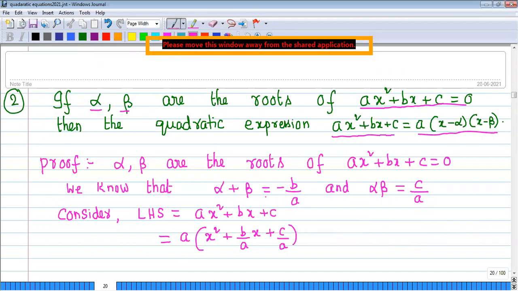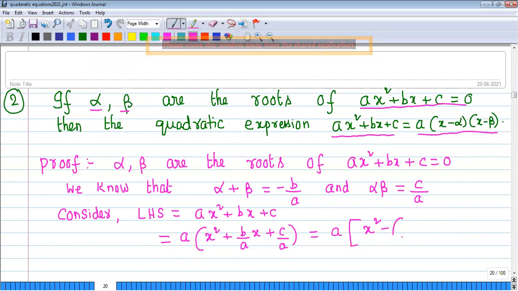So in order to replace b by a with alpha plus beta, we need to do some mathematical manipulation. A times this, I would like to write like this: negative of negative b by a upon x plus c upon a. Can I write like this? Does it make any difference? No difference.